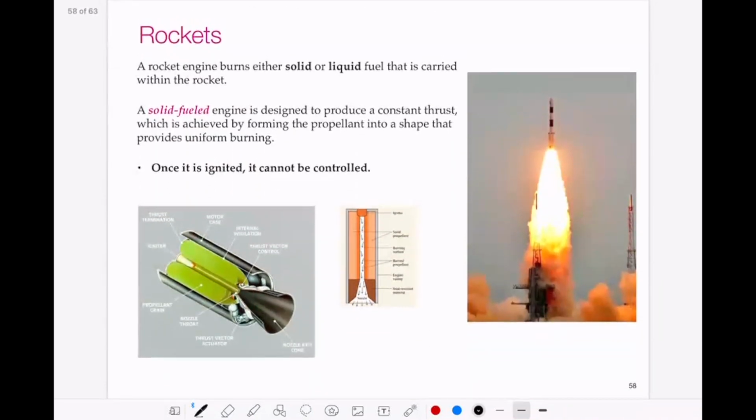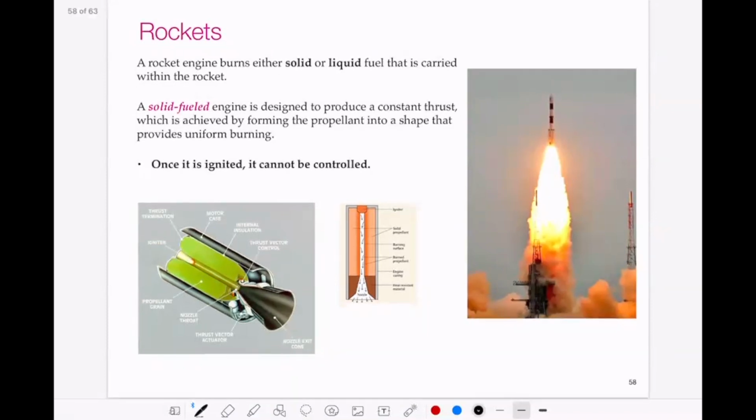So that's turbojets and turbofans or turbomachinery relative to aircraft. Let's quickly look at rockets and see how we can apply Reynolds transport theorem to the accelerating control volume around a rocket. So first, I think rockets are fascinating, but a rocket engine, we just do a crash course quickly on the types of rocket engines.